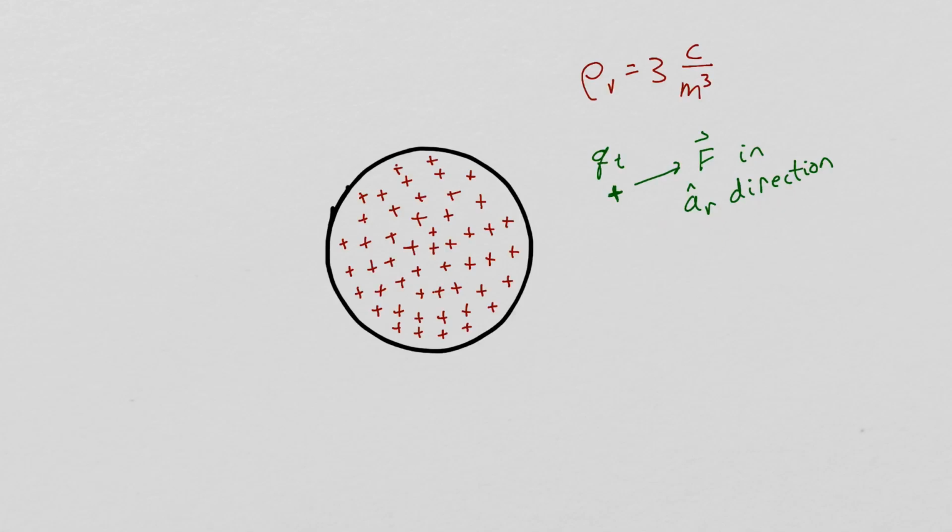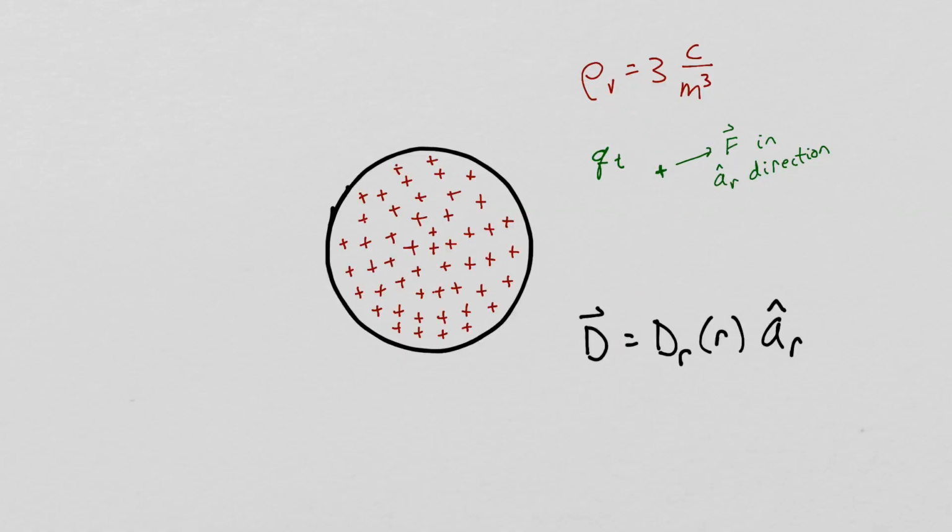And that would be true whether the test charge was somewhere inside the distribution or outside the distribution of charge. The force will vary with the distance you are from the charge distribution, but it will not vary if you move in the theta or the phi direction.